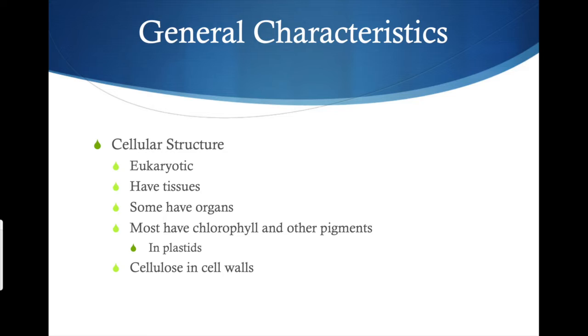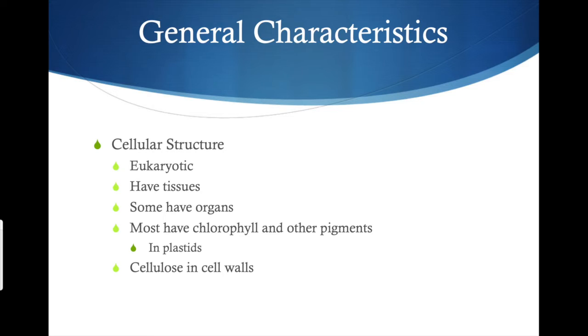They have tissues, which we will talk about, the different tissues. Some plants have organs, all right? Most plants have chlorophyll and other pigments, right? For example, chlorophyll is the primary catalyst in photosynthesis. Chlorophyll helps to obtain and absorb sunlight, right? So most plants have chlorophyll, which is one of the things that gives it the ability to be autotrophic, okay?